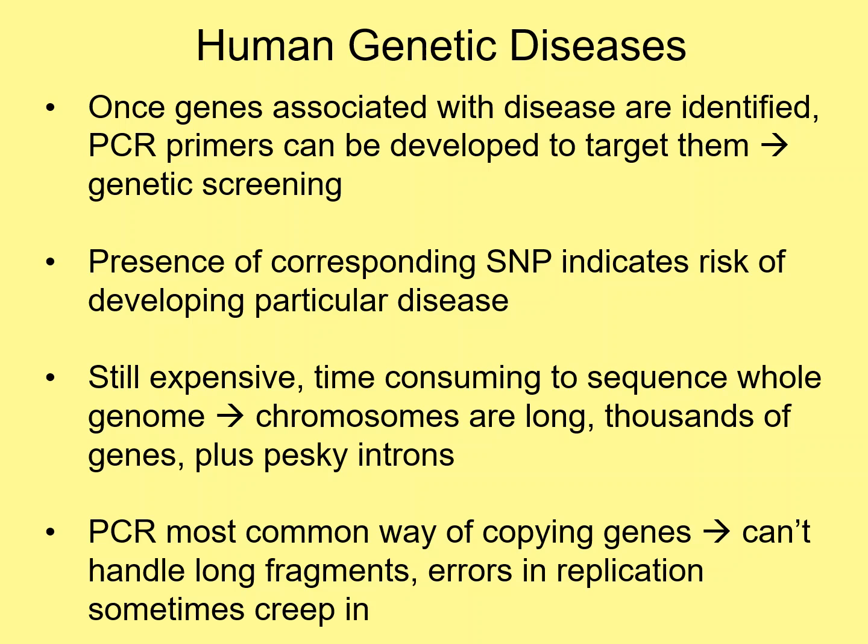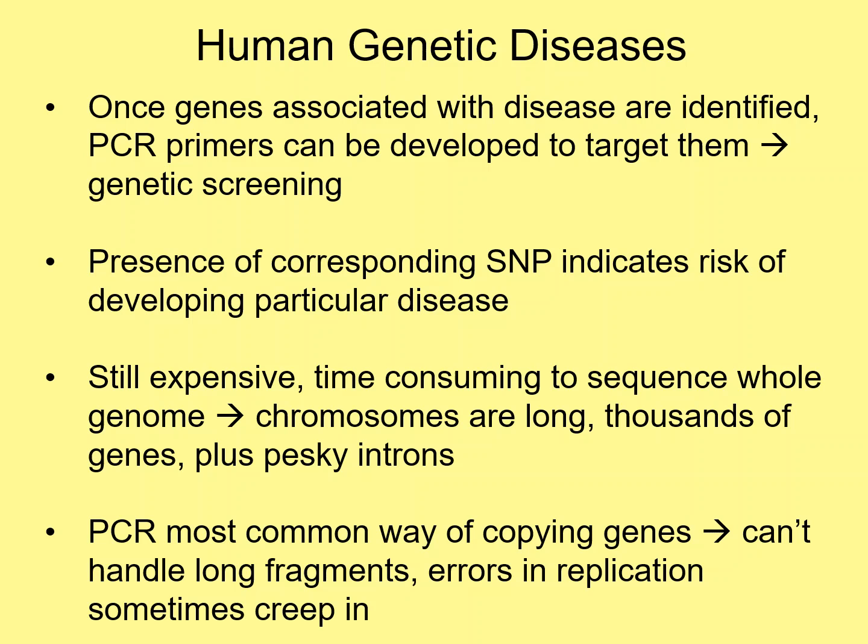So the most common way we have of amplifying or copying genetic material is polymerase chain reaction. Now, this is a very, very powerful tool. It has revolutionized, as I mentioned in class, genetic testing for forensic science.